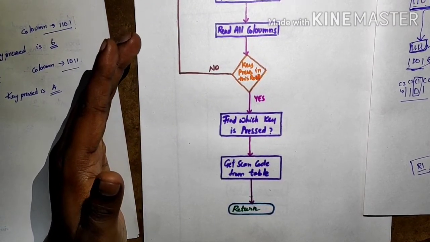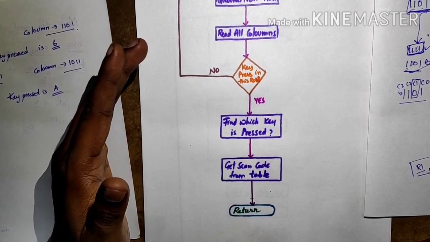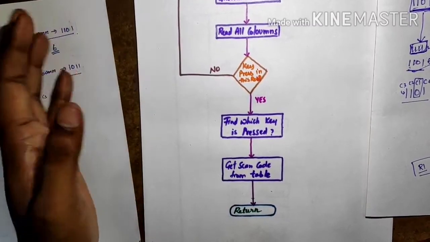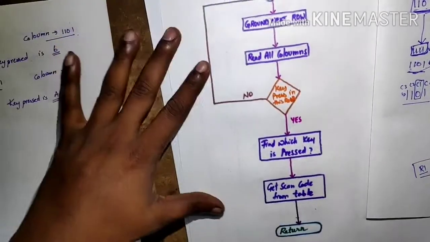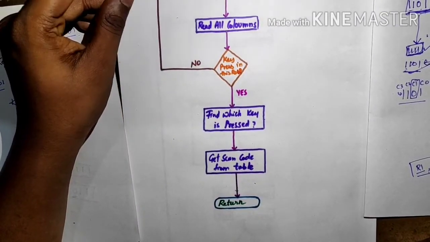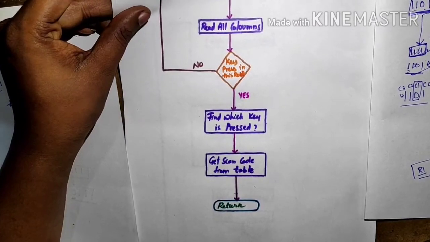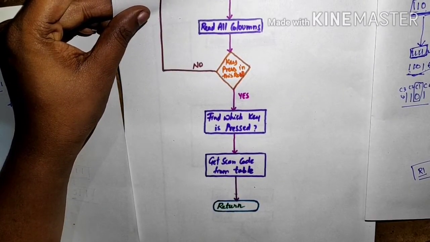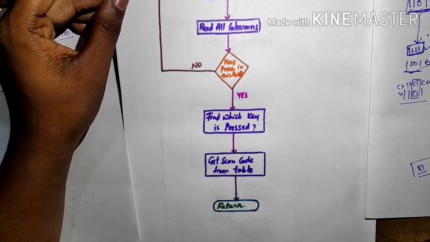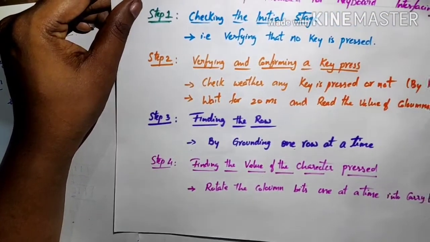According to that we will place the ASCII value of a particular character, so we will give the value to our microcontroller. Okay, so it will be displayed. So this is how the entire process will be done. So these are the 4 steps included to find out the key press.